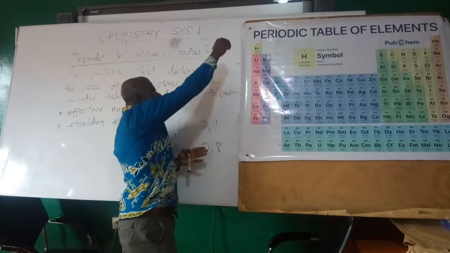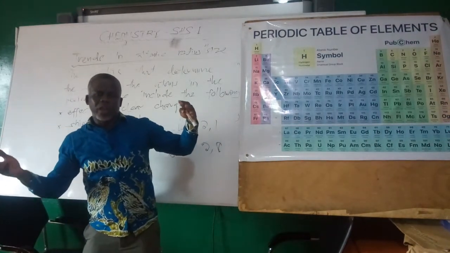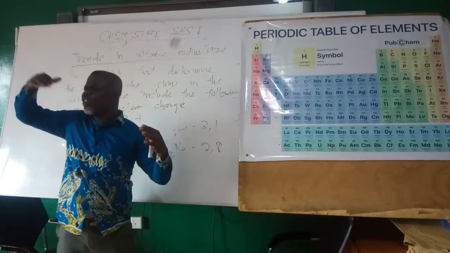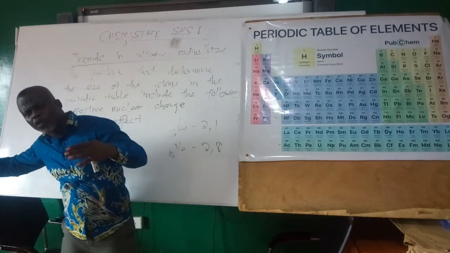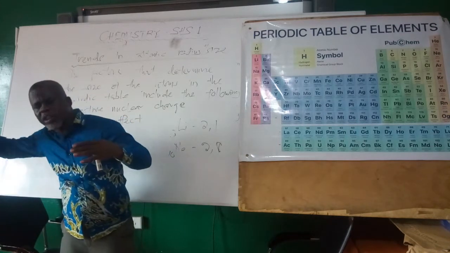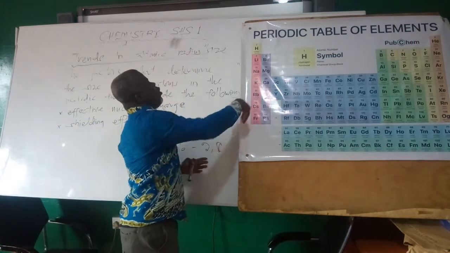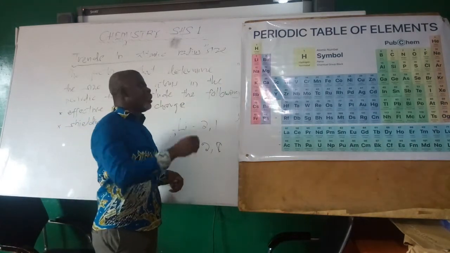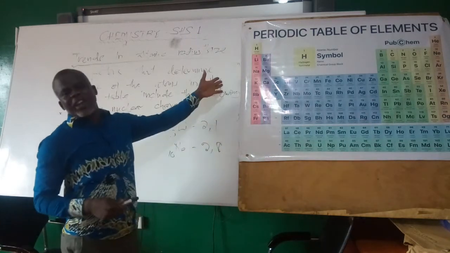So within a group, core electrons will increase because more electrons are being added, into principal quantum shells that are far away from the nucleus. So though effective nuclear charge will increase, the increase in the shielding is greater.